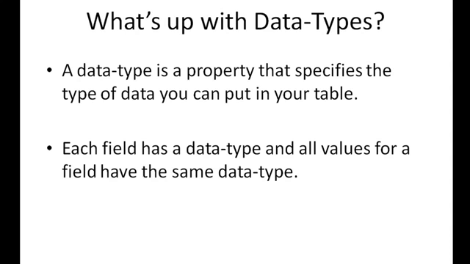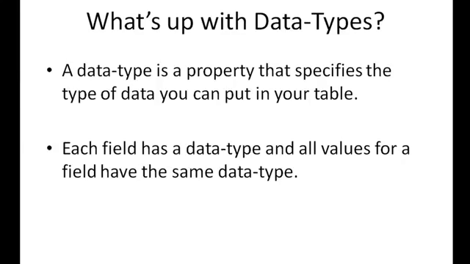You must have heard people say this a lot, that you need to understand data types pretty well if you're learning programming, but data types are actually pretty simple, right? A data type is a property that specifies the type of data that you can put in your table. In the last tutorial we had a look at the table with information about tennis players.